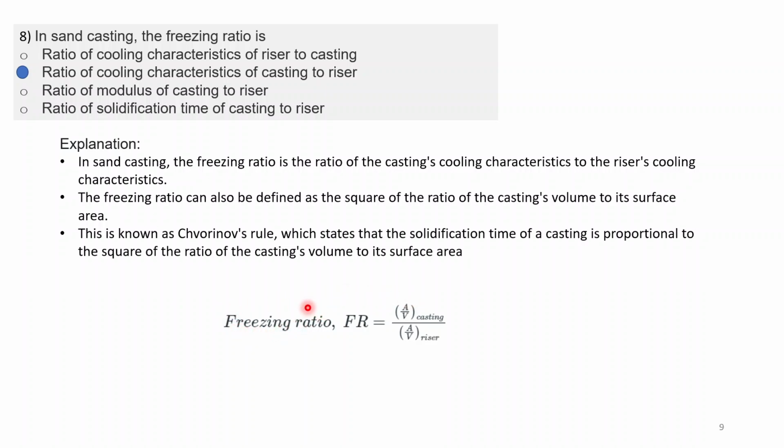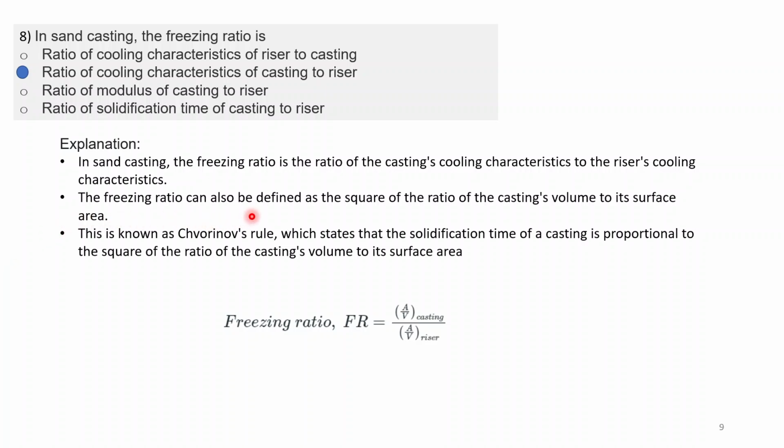Okay, so this is the freezing ratio, which is area upon volume of casting divided by area upon volume of riser. So in sand casting, the freezing ratio is the ratio of the casting's cooling characteristics to the riser's cooling characteristics.